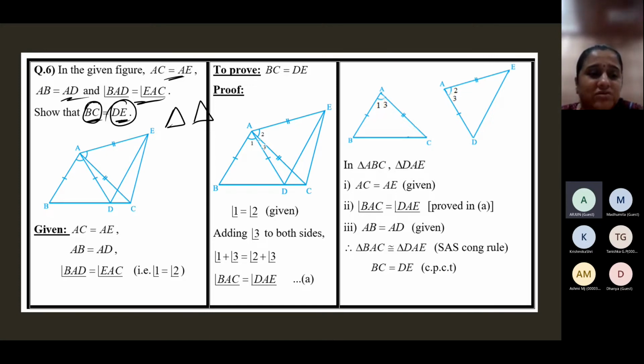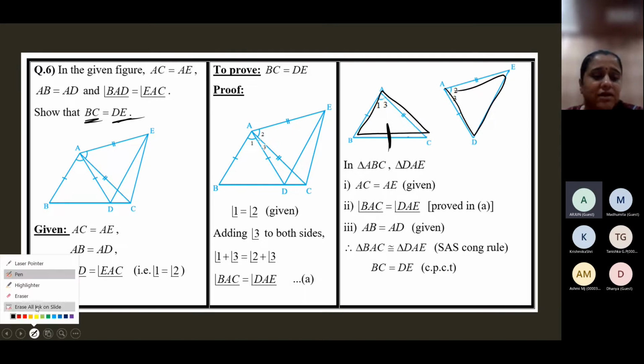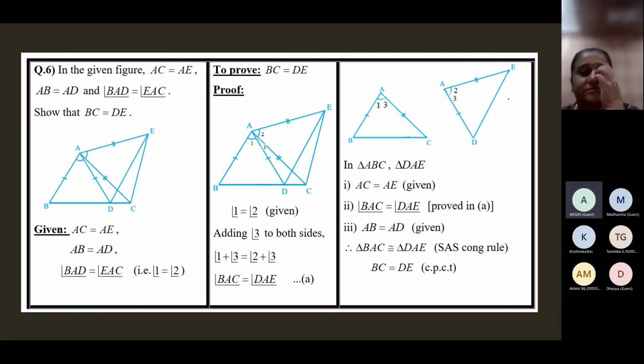So we have taken up triangle ABC, which has BC as a side, and triangle ADE, which has DE as a side.